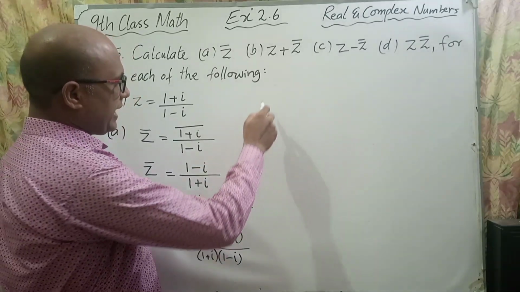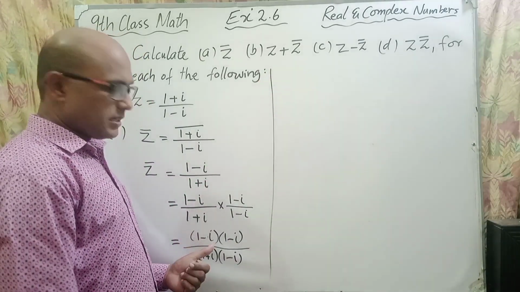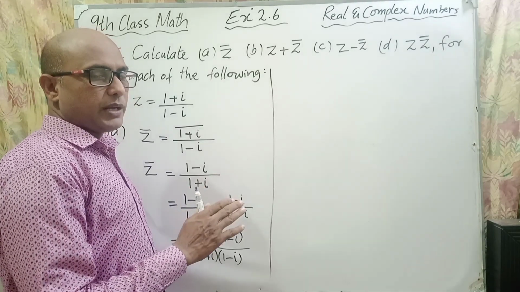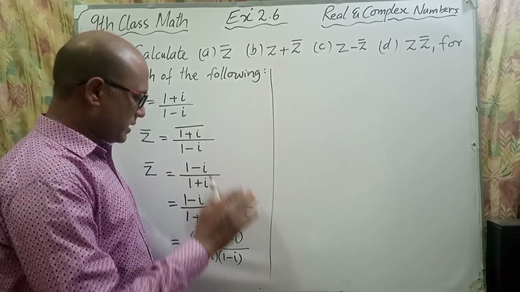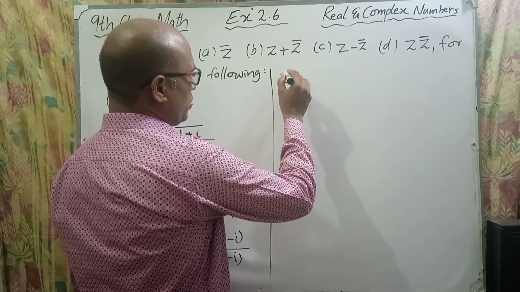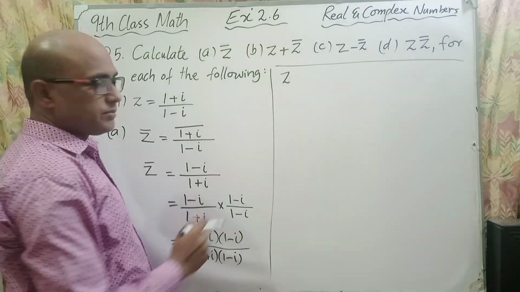You have to be very careful while writing the signs. Sometimes we make a little mistake and it becomes worse. It can make your whole question incorrect. So students, next we are at the moment finding part A, z bar.